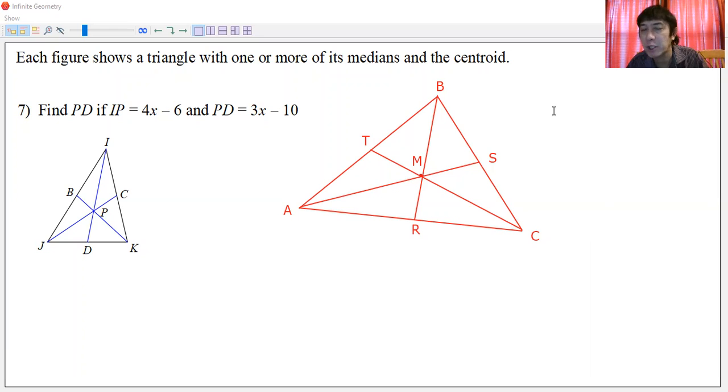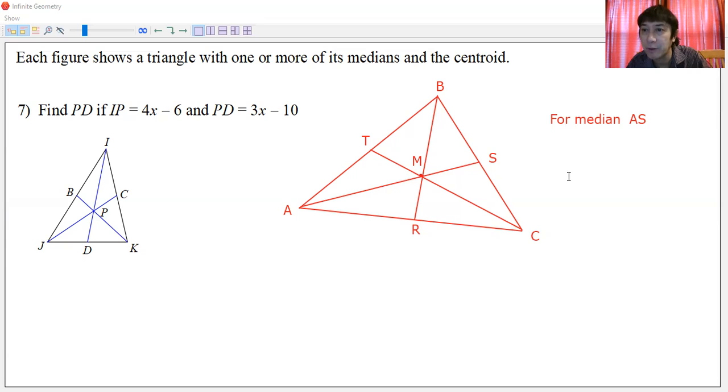Imagine the segments for the median AS. Now, imagine dividing that median by 3, such that MS is 1/3 of AS.